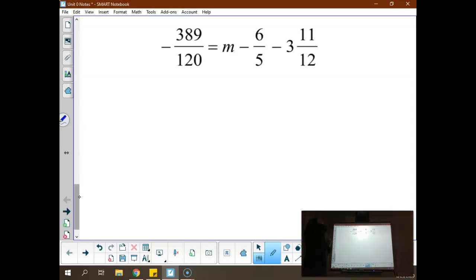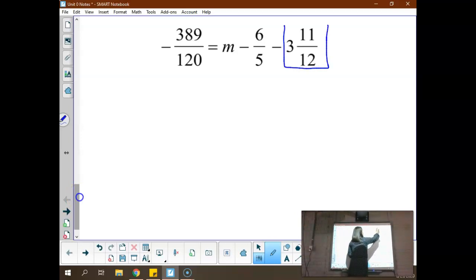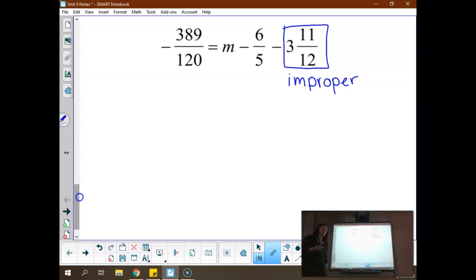So the first thing I'm going to do is take this right here and turn it into an improper fraction. The reason I want to turn it into an improper fraction is because number 1, the only time anybody really uses mixed numbers is in cooking. But number 2, improper fractions are just better.